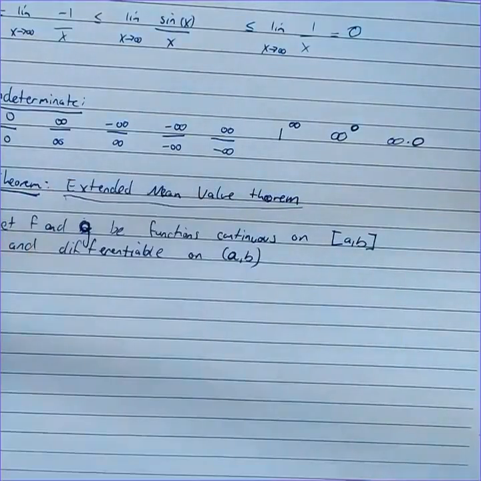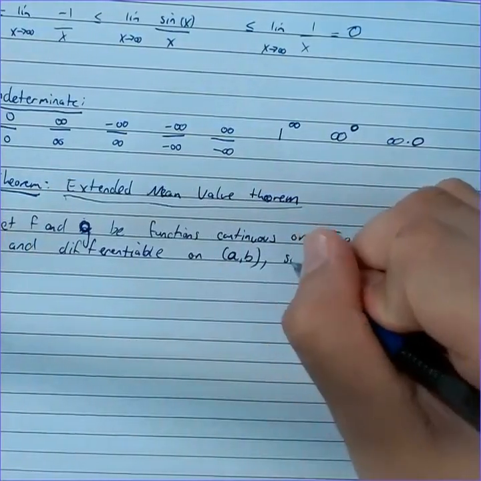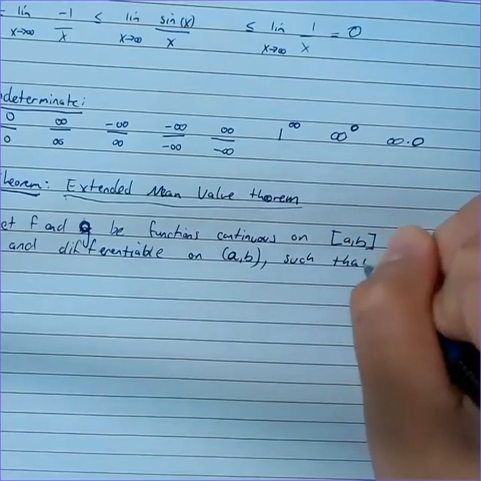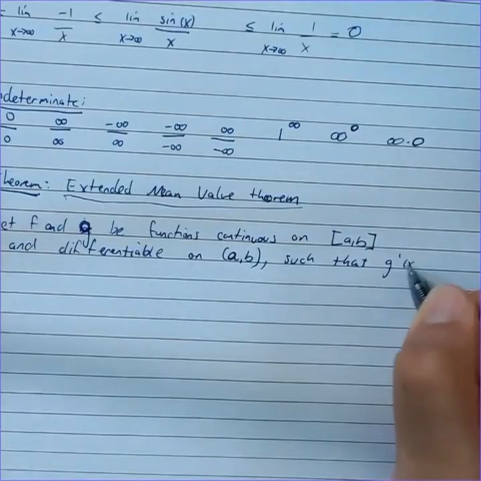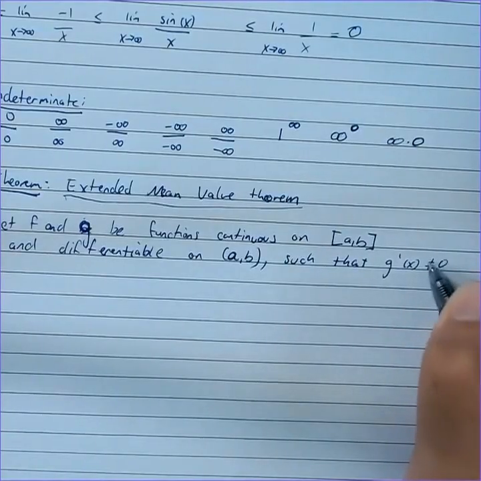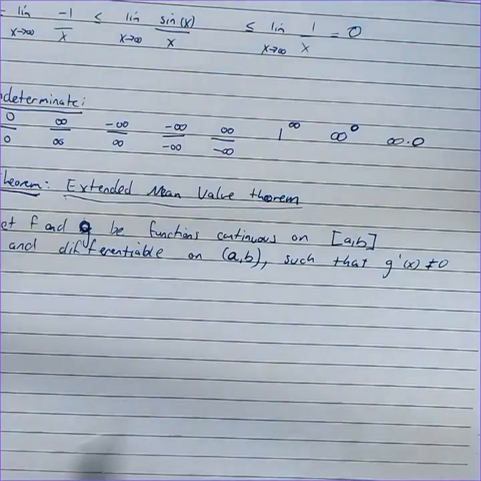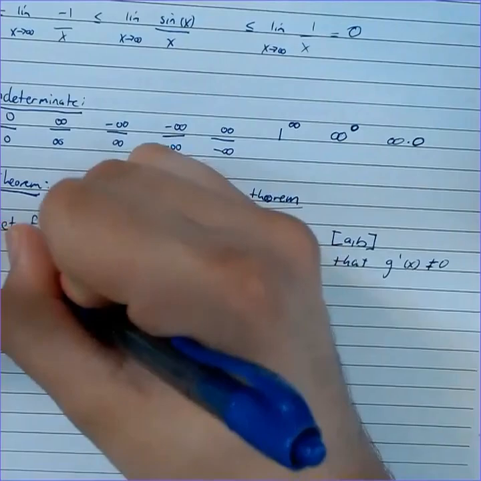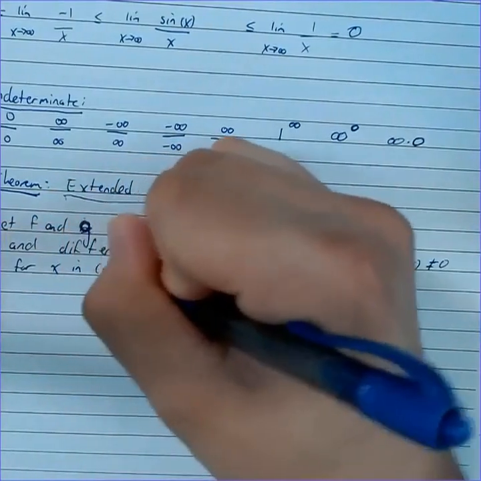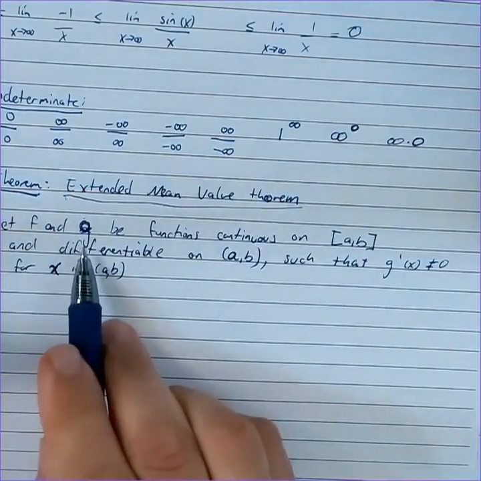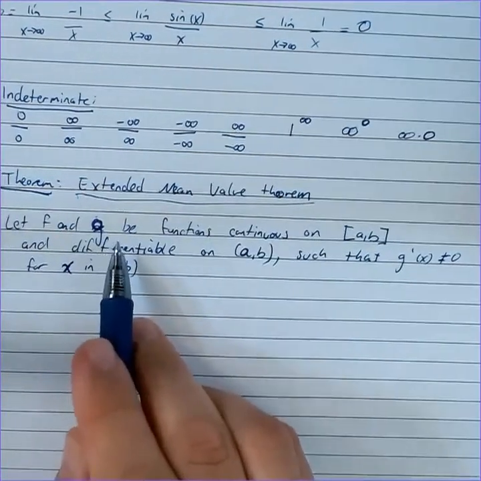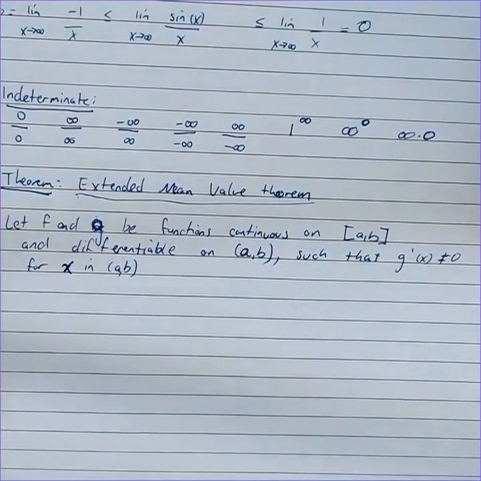Now, we want that the function g, if you take its derivative, it's not going to equal 0 anywhere in the open interval. Okay, so we know g is differentiable, which means we can find its derivative. But once we find its derivative on this interval from a to b, it should never be 0.